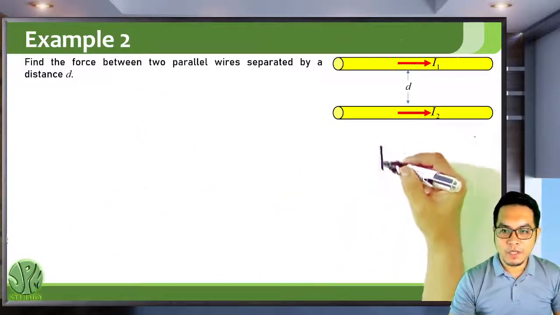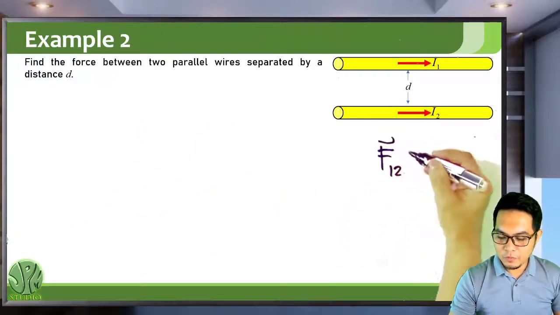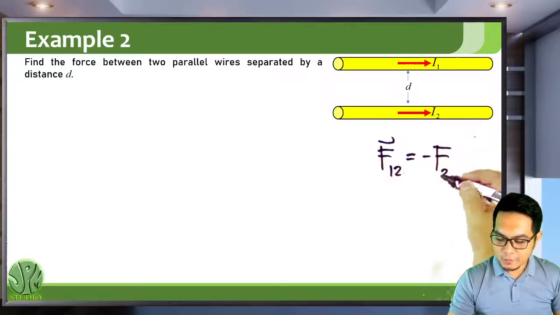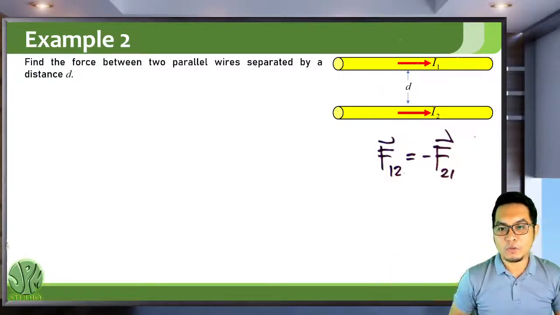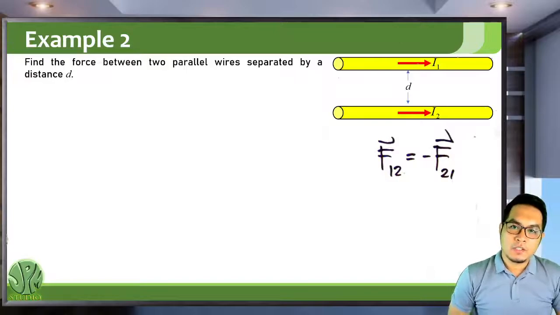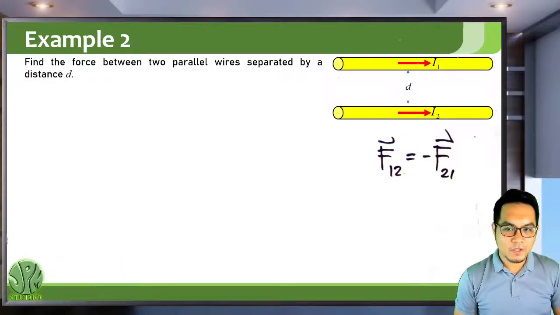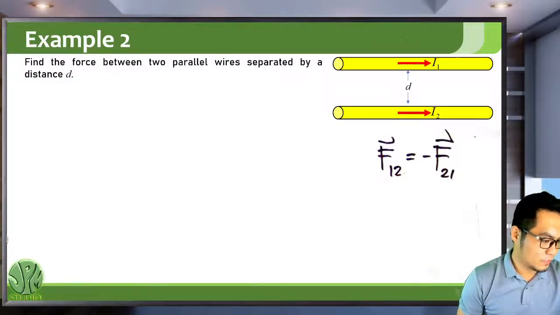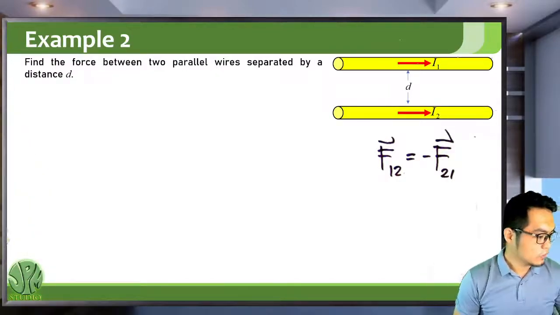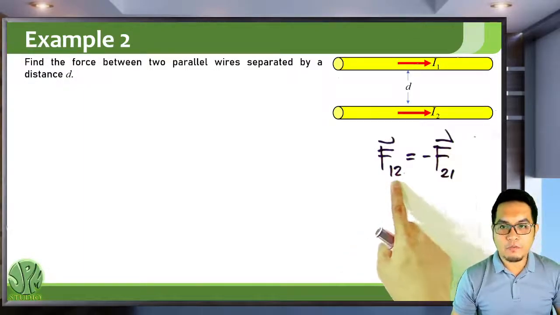The force exerted by I1 on I2 will be the negative of the force exerted by I2 on I1, by virtue of Newton's third law of motion, the law of action and reaction. Okay. So let's just consider solving the force exerted by I1 on I2.